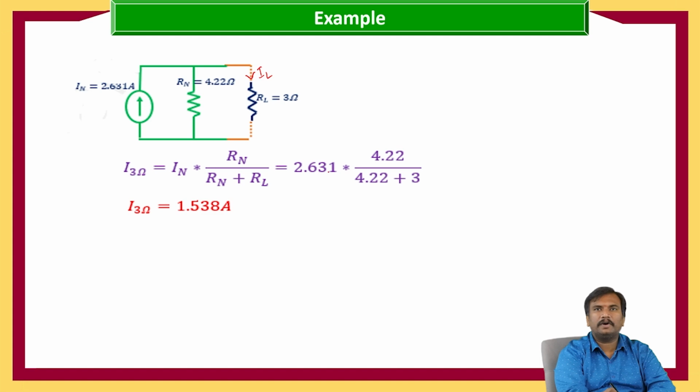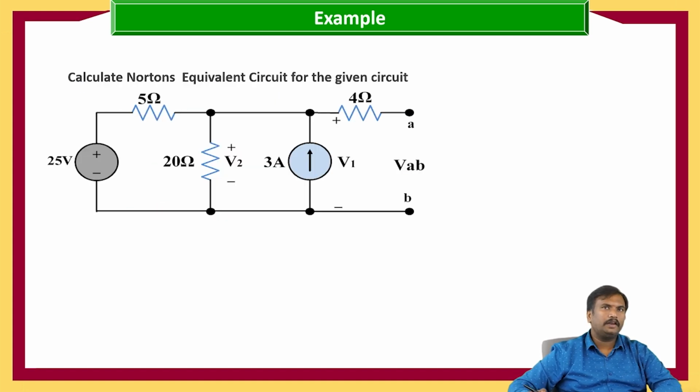That is equal to 2.631 into 4.22 by 4.22 plus 3, which gives I_3ohm equal to 1.538 amperes.